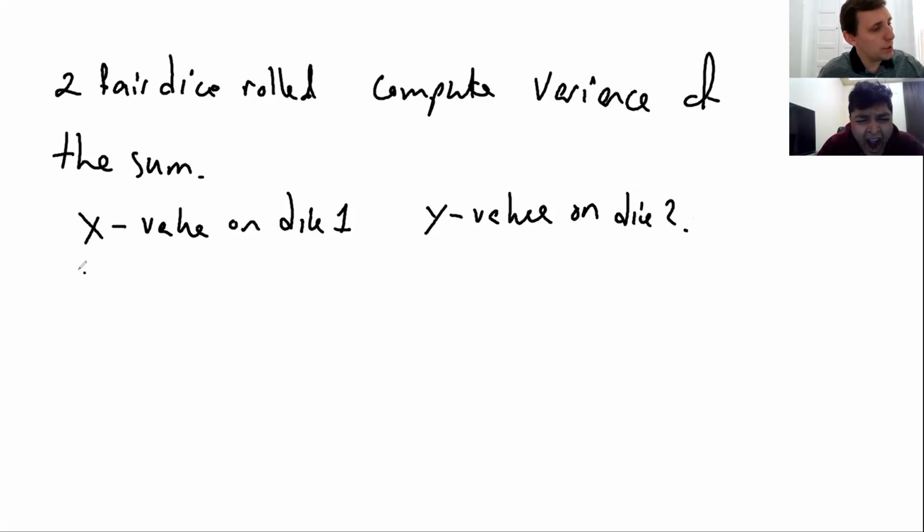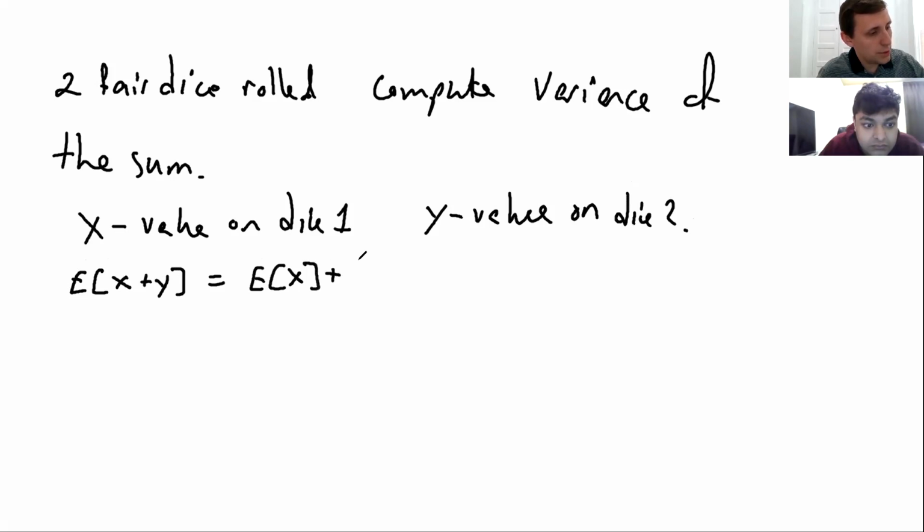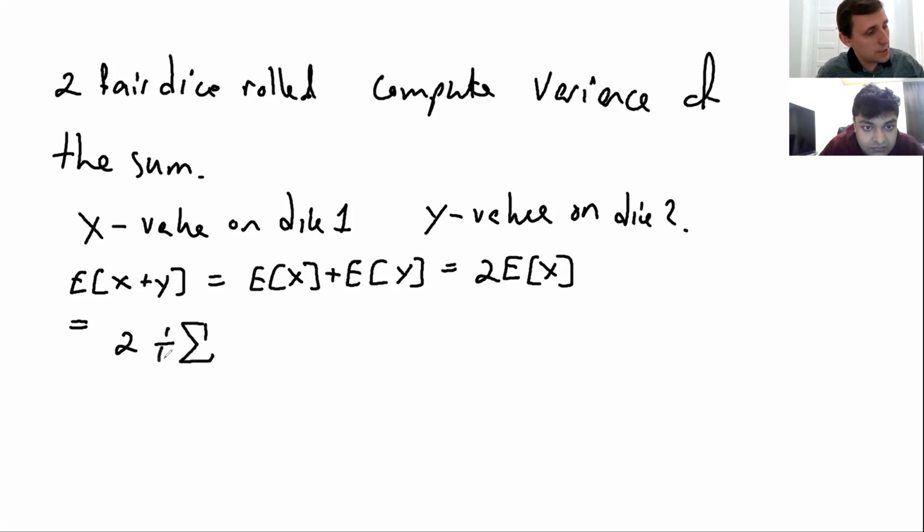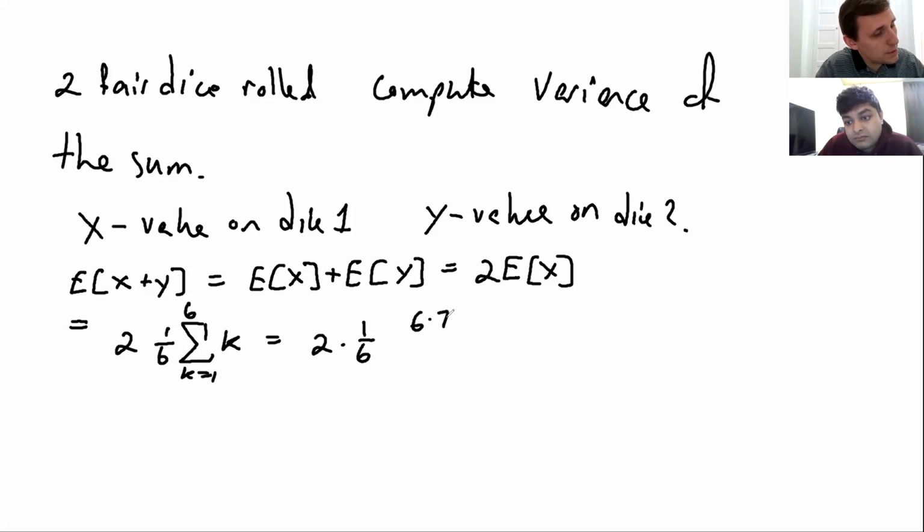So then we want to calculate first the expected value of X plus Y, which we know is the expected value of X plus the expected value of Y, which is twice the expected value of X, because they are identically distributed. That equals twice 1/6 times the sum of k from 1 to 6, which is twice times 7/2.